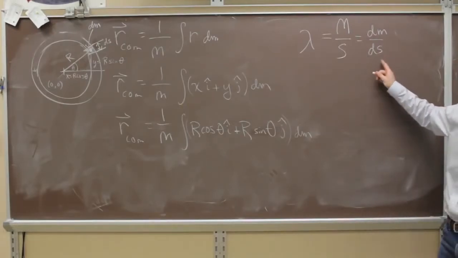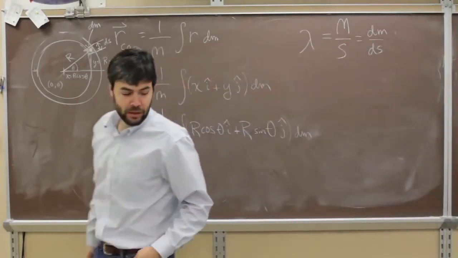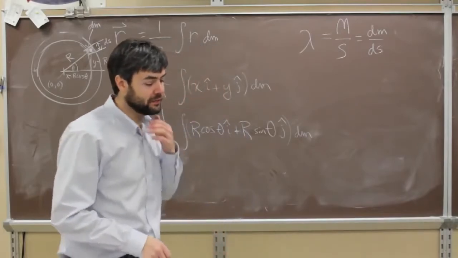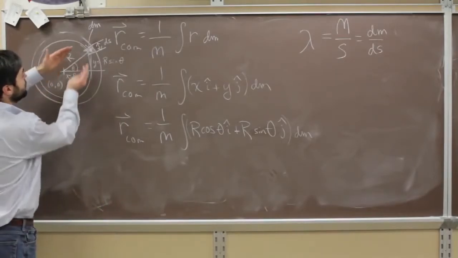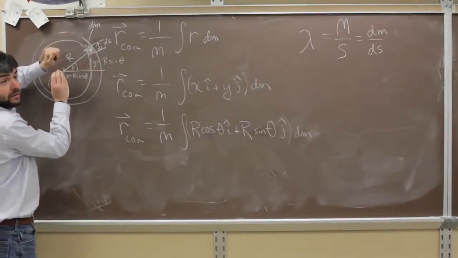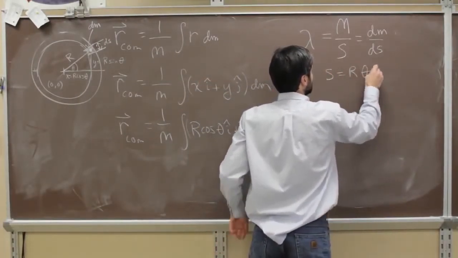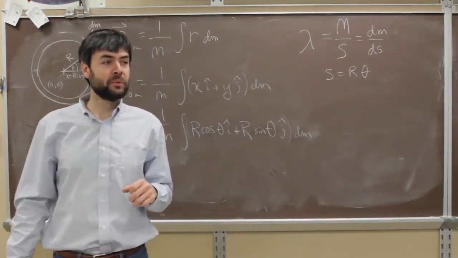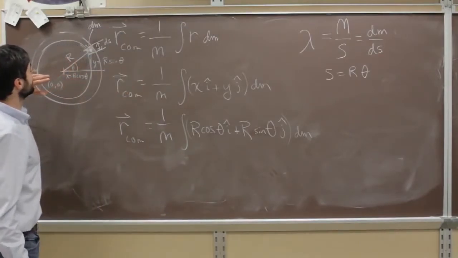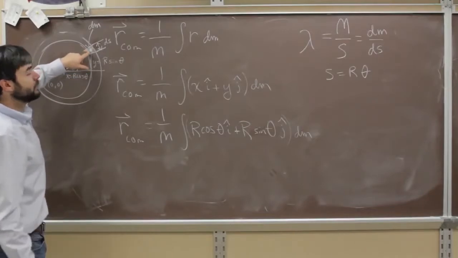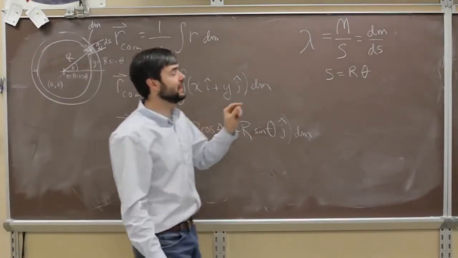But what do we need in here that we still don't have? Theta. We need d theta. So to do that, we're going to use a definition. What is the length of an arc? You guys should have learned this at some point. It's r theta. Okay. So s is equal to r theta. We need to get what though? Not theta. We need d theta. So what's the length of a little piece? What's the length of ds?